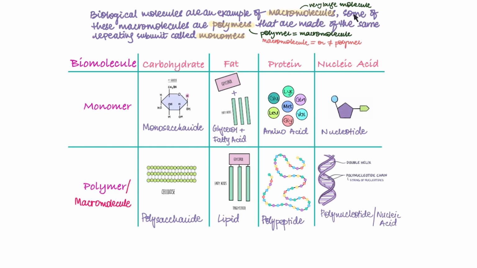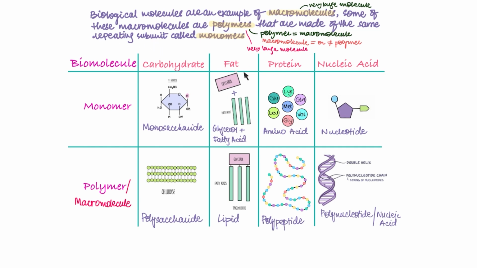I said some of these biological molecules are polymers. So that means all of these biological molecules are macromolecules, but only some of them are polymers, whereas others are not. Polymers are also an example of a very large molecule, which is why every polymer is a macromolecule. But polymers consist of the same repeating subunit.